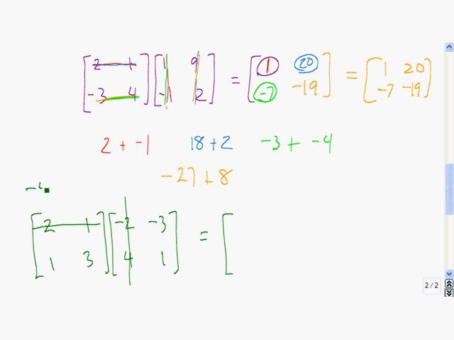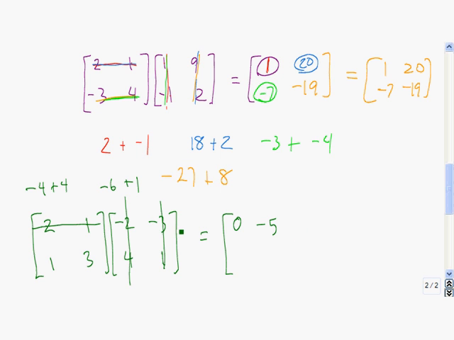So we have negative 4 plus 4, and that's equal to 0. Now we have another column, so we keep using the first row. So now we have 2 times negative 3, which is negative 6, plus 1 times 1, which is 1, so that leaves us negative 5.